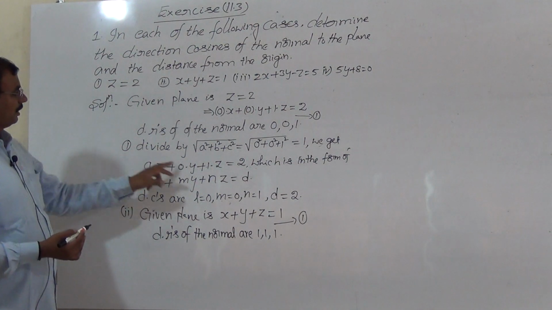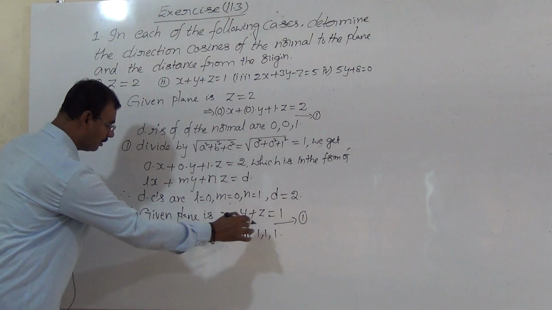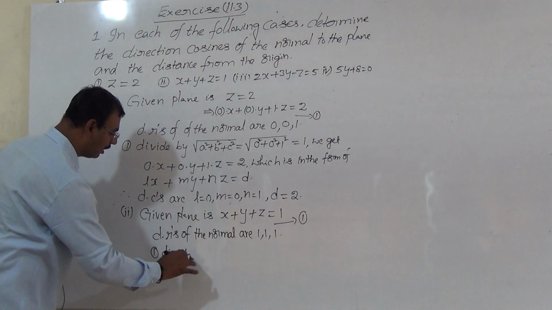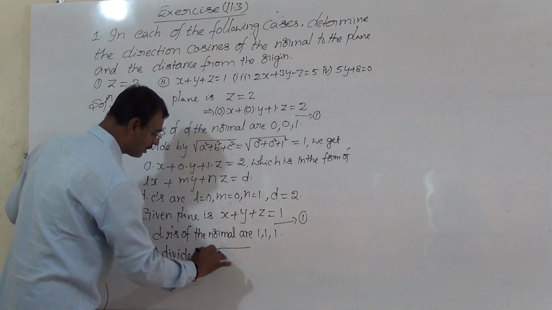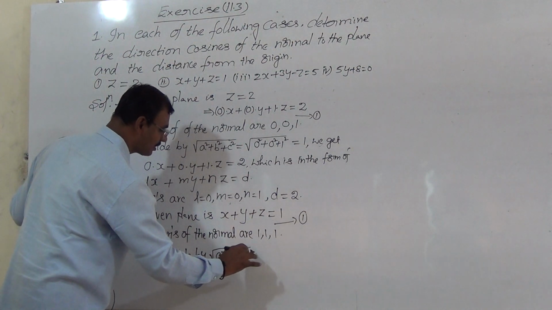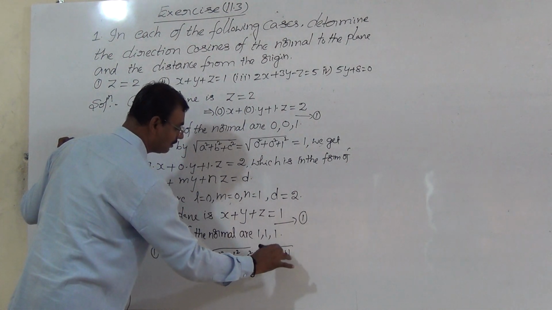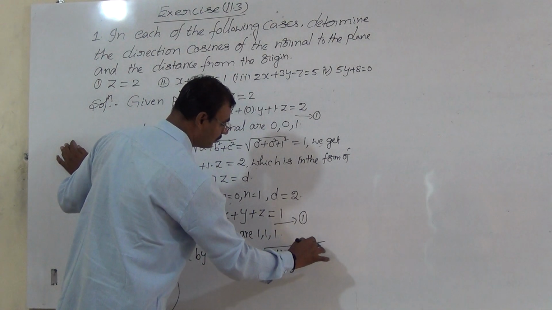Next, divide equation 1 by this number. These are a, b, c numbers. Divide by the square root of a square plus b square plus c square, which is the square root of 1 square plus 1 square plus 1 square, equal to the square root of 3.